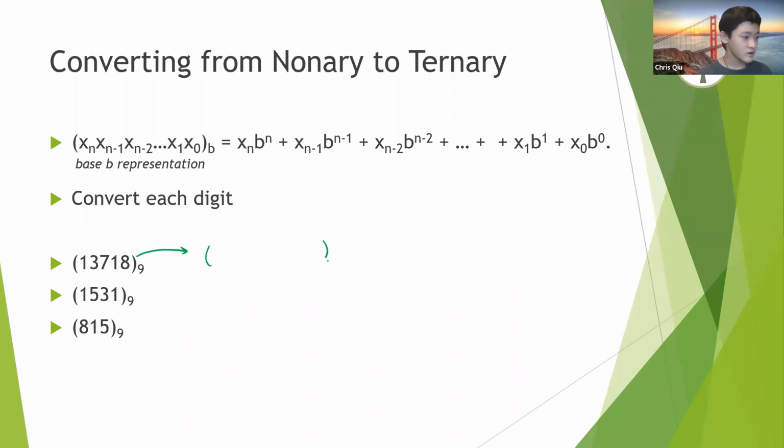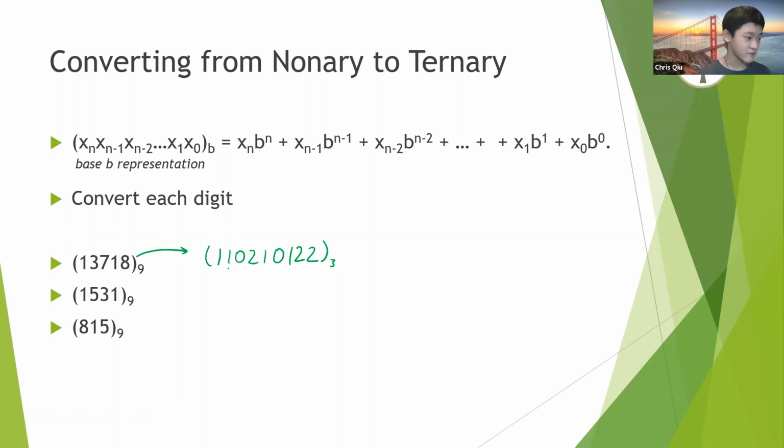So here, what we do is we convert each digit from base 9 to base 3. For 8, it becomes 2, 2. For 1, we have 0, 1. For 7, we have 2, 1. For 3, we have 1, 0.